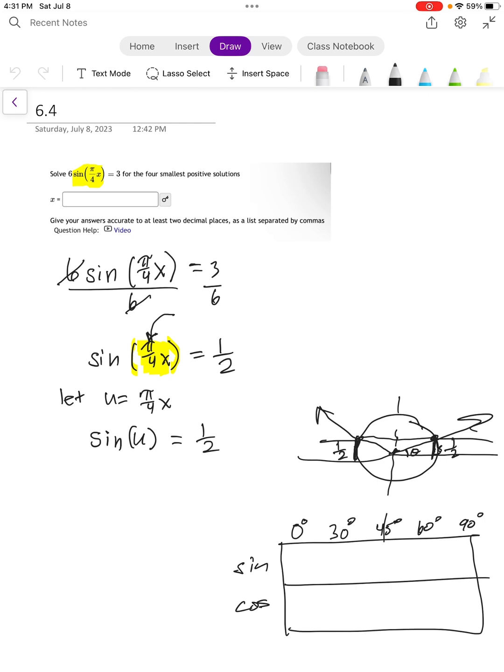Sine is the y-coordinate, so as it goes from 0 up to 90 degrees, it's getting larger. The y-coordinate, which is the height off the ground, is getting larger. So it's going to go 0, 1, 2, 3, 4.